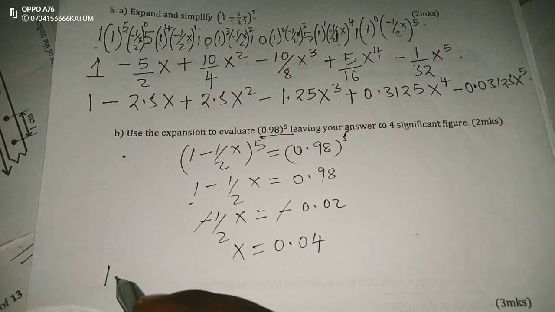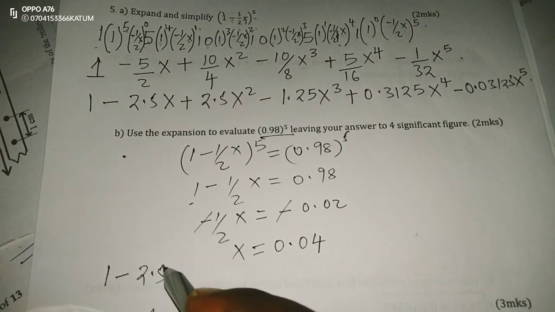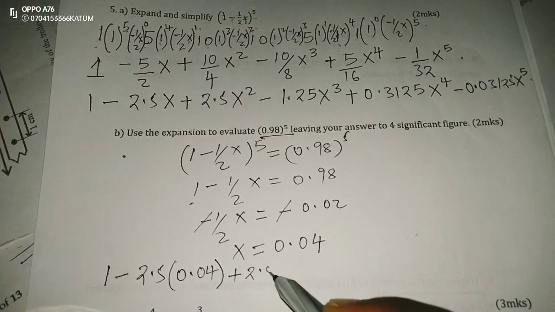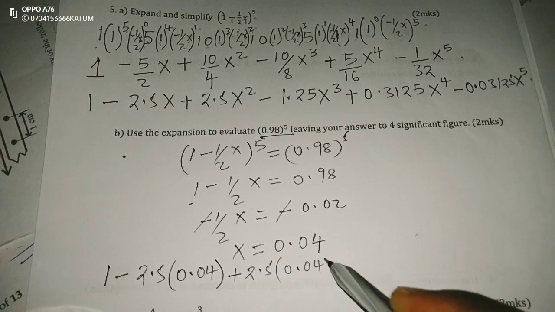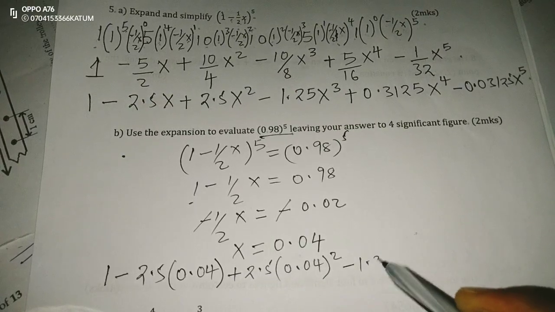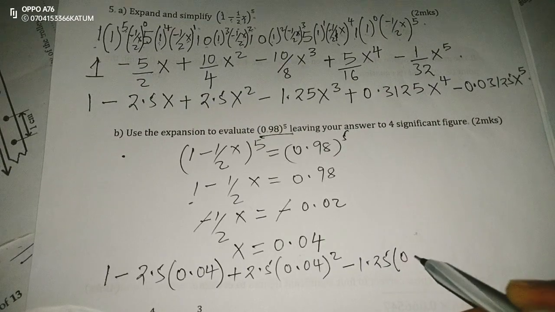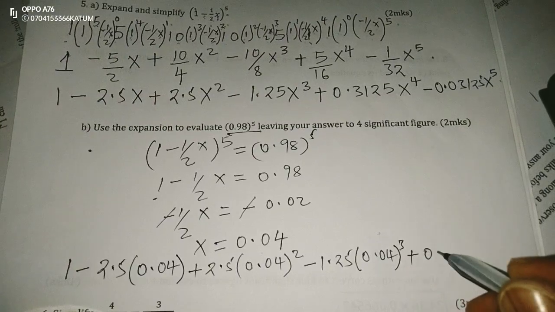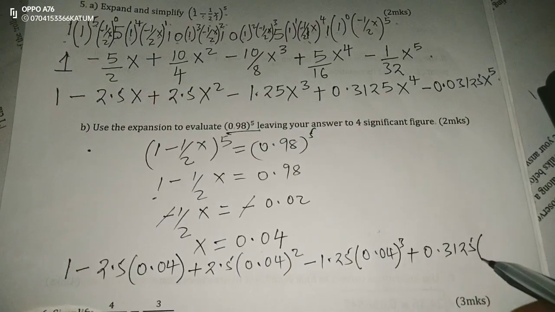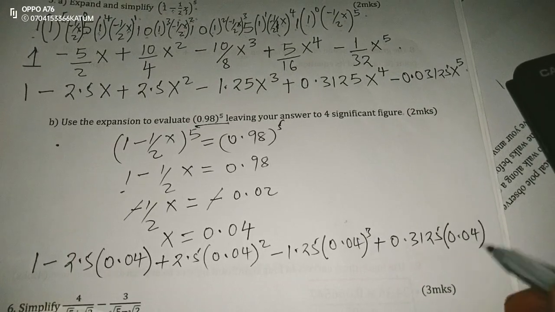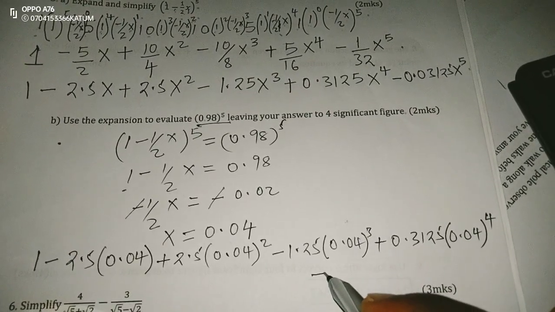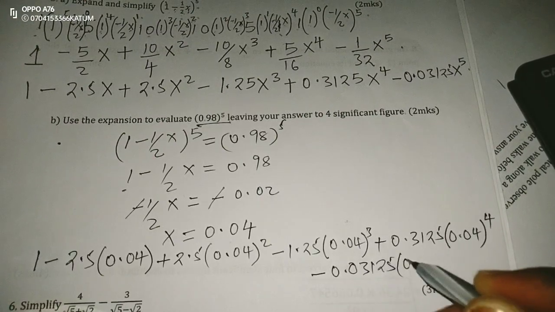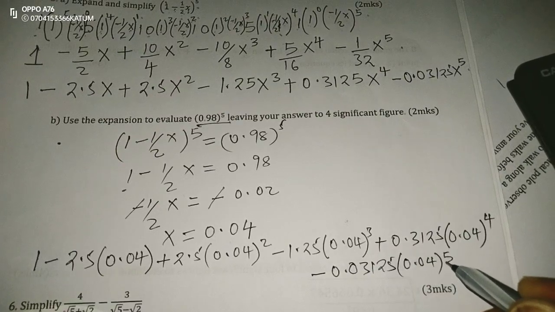So we will start with 1 minus 2.5 x, then plus 2.5 times 0.04 squared, minus 1.25 times 0.04 cubed, plus 0.3125 times 0.04 power 4, and finally minus 0.03125 times 0.04 raised to power 5.